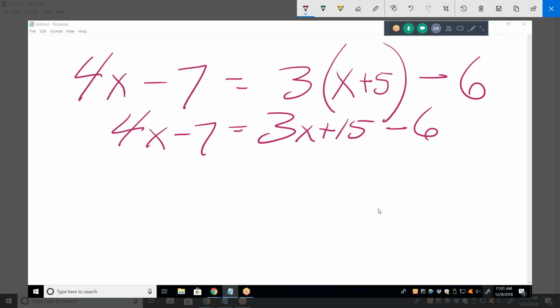Next step. You should try. Get rid of negative 7. Well, how about we just do this one step at a time? We can certainly do that, can't we? Let's do it. One step at a time.